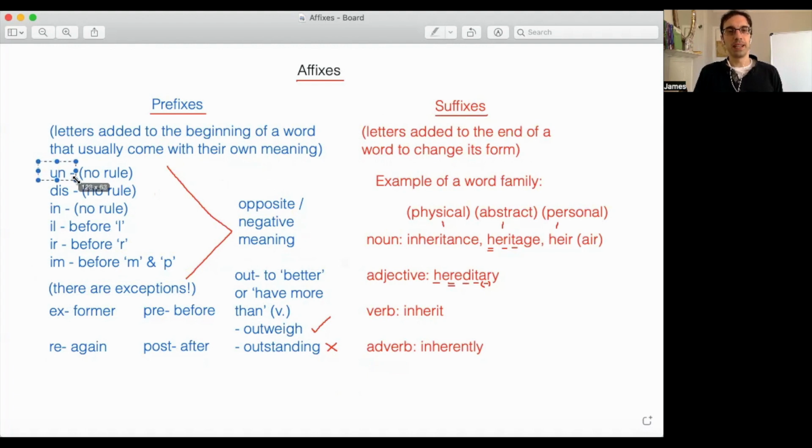But unfortunately, this is one of 3 prefixes that don't really have a good general rule, unfortunately. There's no real rule for when you would use un, dis, or in to give an opposite or negative meaning. And even within some word families, they can actually change.